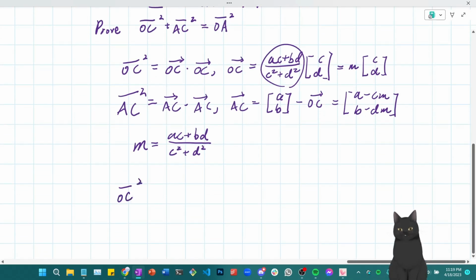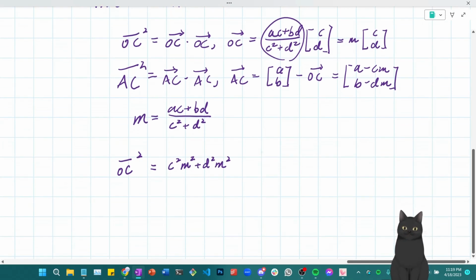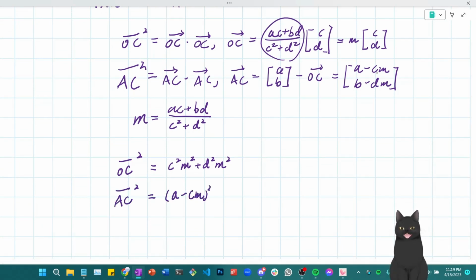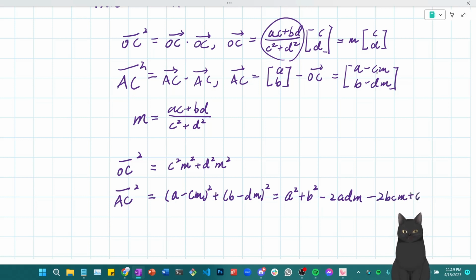OC squared, the square length of OC, is then equal to C squared M squared plus D squared M squared. AC squared is equal to (A minus CM) squared plus (B minus DM) squared. So that's equal to A squared plus B squared minus 2ADM minus 2BCM plus C squared M squared plus D squared M squared.